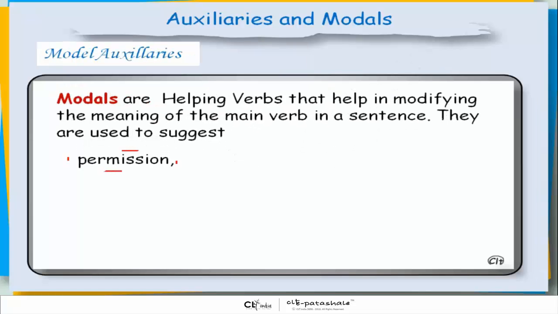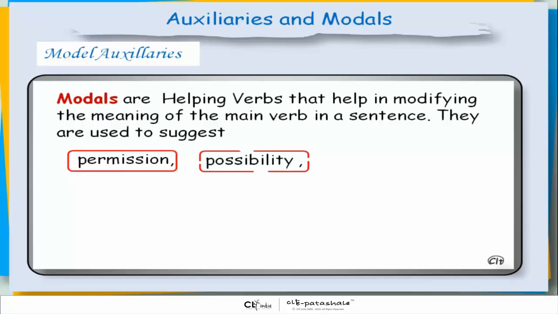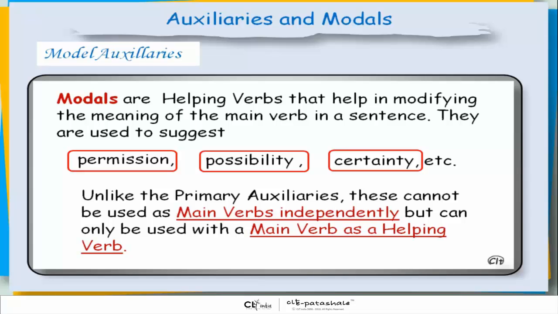Modals are helpful verbs that help in modifying the meaning of the main verb in a sentence. They are used to suggest permission, possibility, certainty, etc. Unlike the primary auxiliaries, these cannot be used as main verbs independently, but can be used with a main verb as a helping verb.